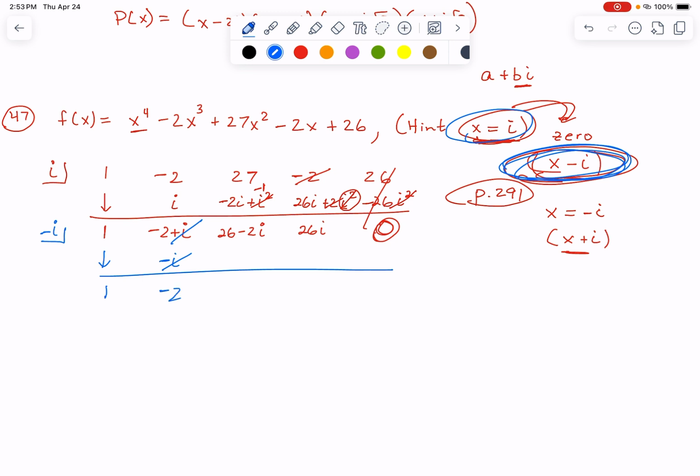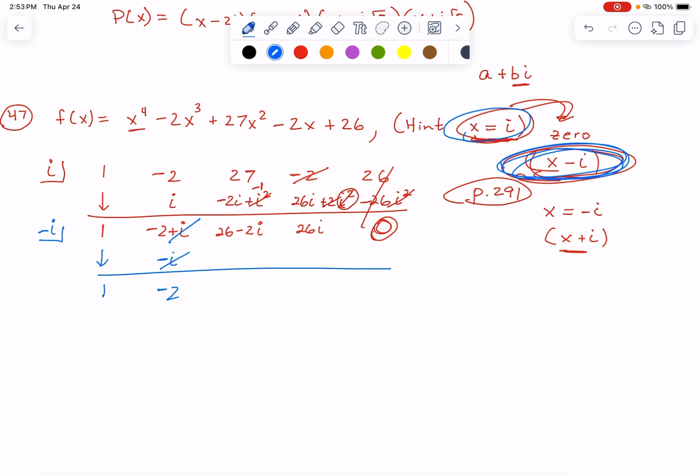Then we have negative 2 times negative i, which is positive 2i. The 2i's will cancel. We're left with 26. Now we have 26 times negative i, which gives you negative 26i. Those cancel. 0 remainder. So now we know we did it right.